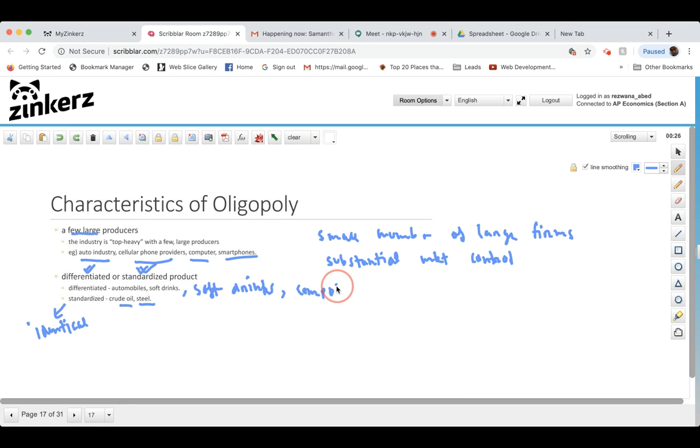Computers. And if you look at all of these markets, you will see that that first characteristic is always true. Automobiles, in the USA, I think Ford, GMC, Chrysler, these three are sort of the top automobile manufacturers. Like 3 or 4 large firms dominate the industry.